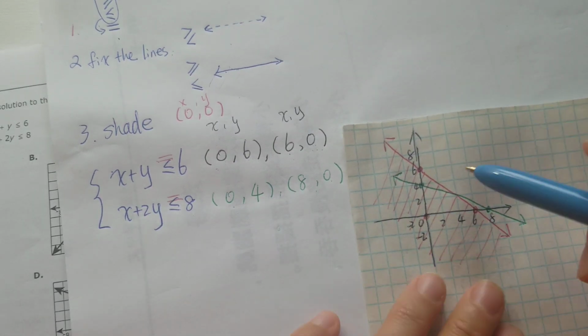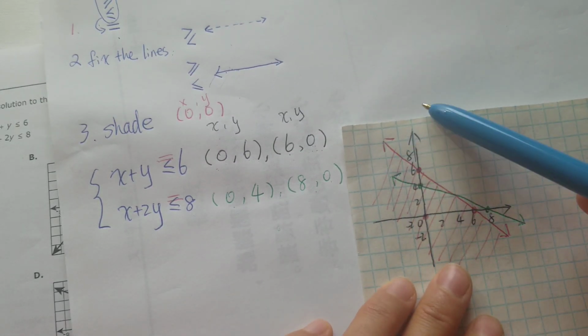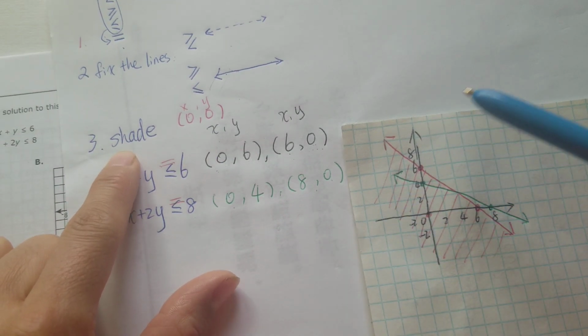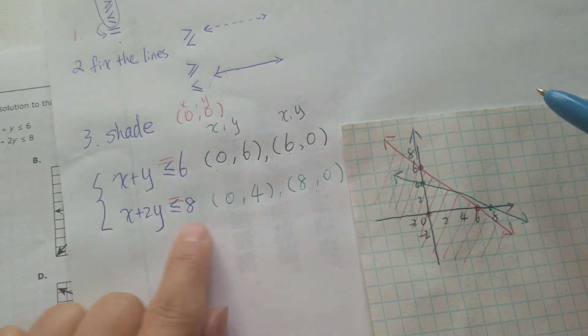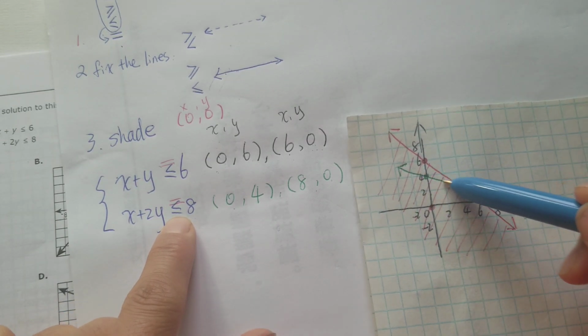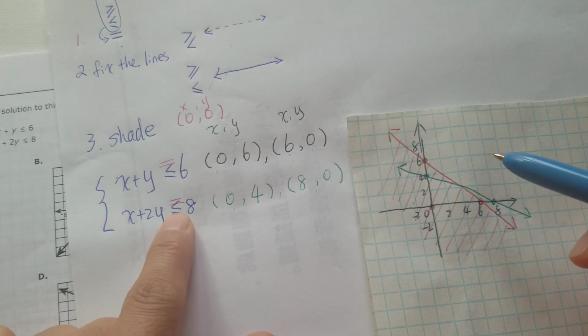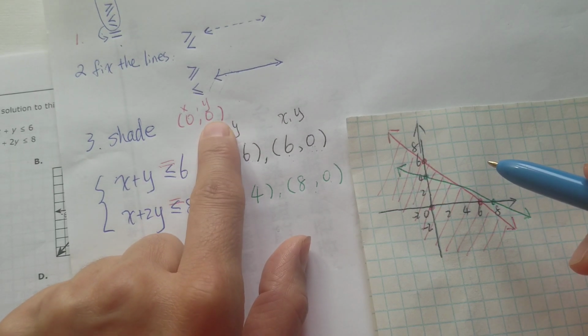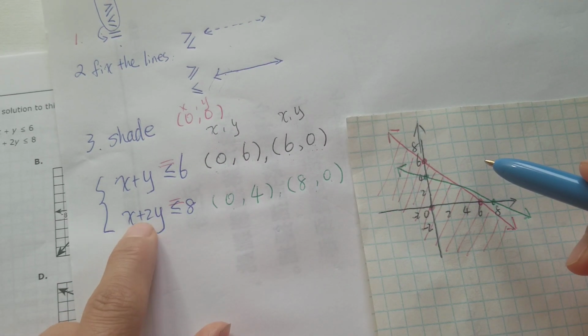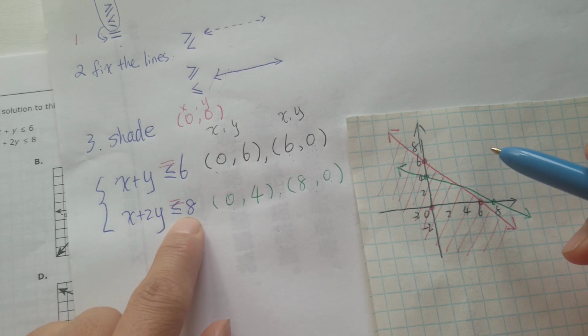Okay, now should we shade it above or below? Because the last step is always shading. Less than, I will guess below the green line. Use the 0 point to confirm your guess. 0 plus 2 times 0 is 0. 0 is less than 8.